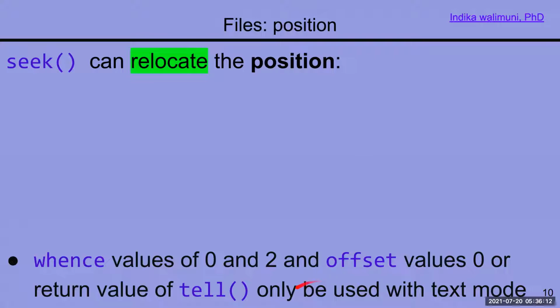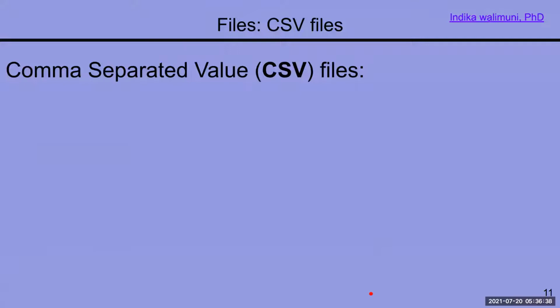It's the same because again the opaque thing is in play here. So again, whence values of 0, which is the beginning, or 2, the end, and offset values of 0 or the thing returned by tell can only be used with text mode. All right. So let's go back and test on this.